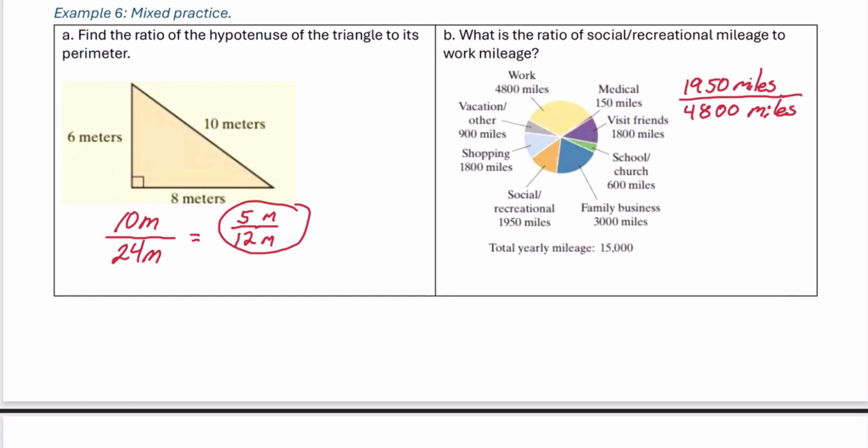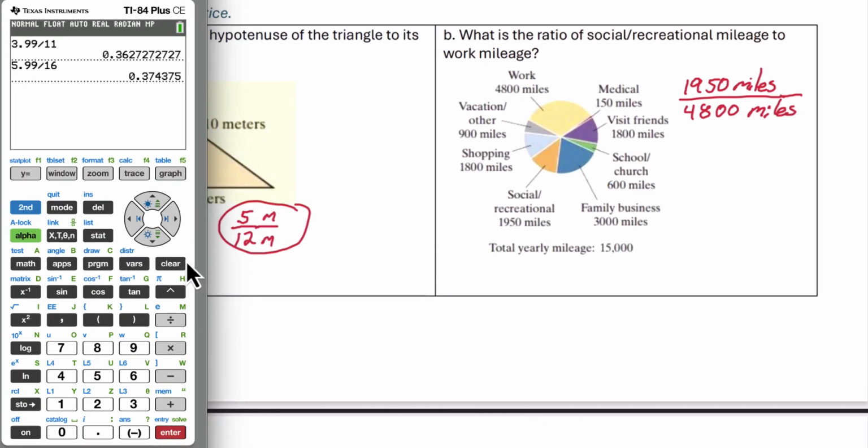To do this one, we'll use the calculator to help us. We don't want to simply do the division because it's not looking for a rate, it's looking for a simplified ratio. So we're going to want to leave our answers as a fraction.